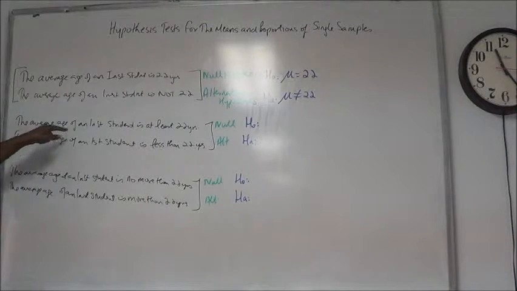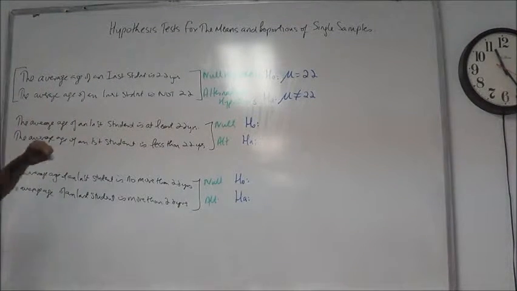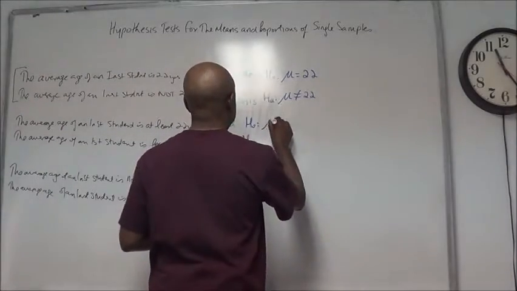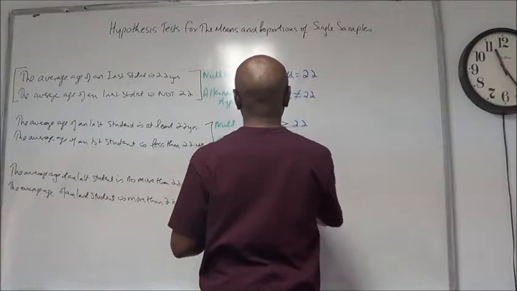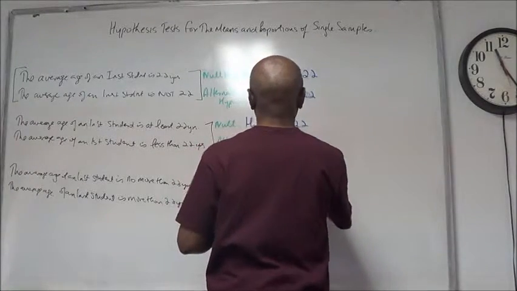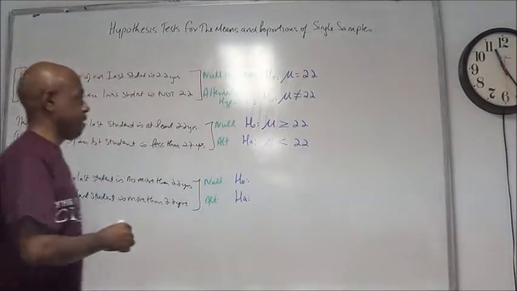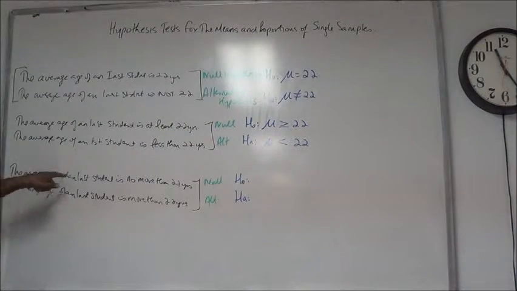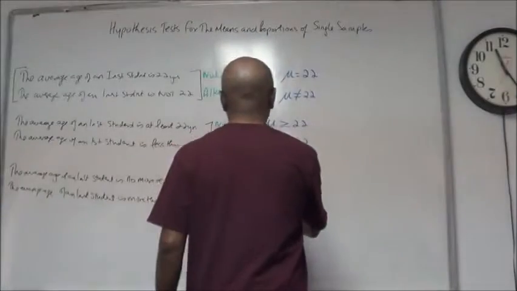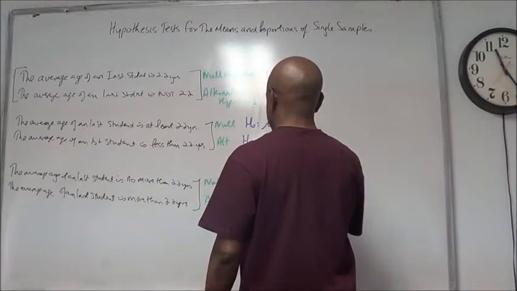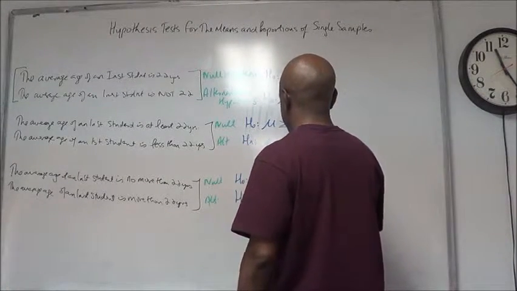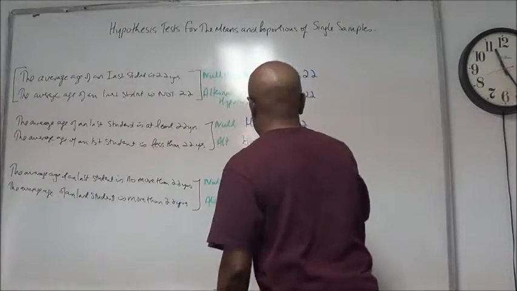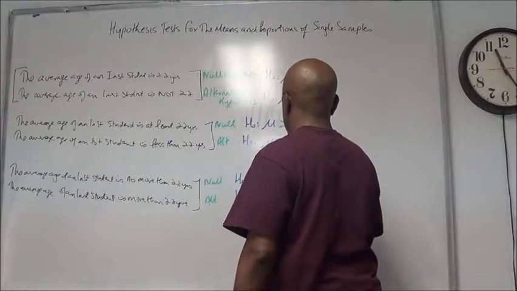And then here, if he had made this statement, the average age of an institute student is at least 22, then he's saying that mu is greater than or equal to 22. And here the alternative, mu is less than 22. And if he had made this statement, he would have said that mu is less than or equal to 22. And the alternative would be mu is greater than 22.